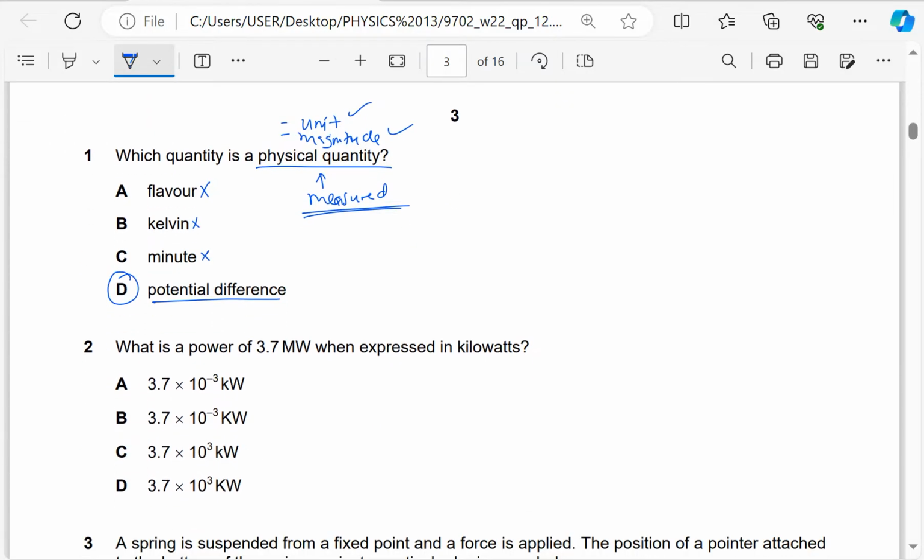What is the power of 3.7 megawatts when expressed in kilowatts? I'll first change 3.7 from mega to watts, so that is times 10 to the power of 6. That is now in watts. To change it to kilo, I will divide by 1000, so it will be 3.7 times 10 to the power of 6 divided by 1000.